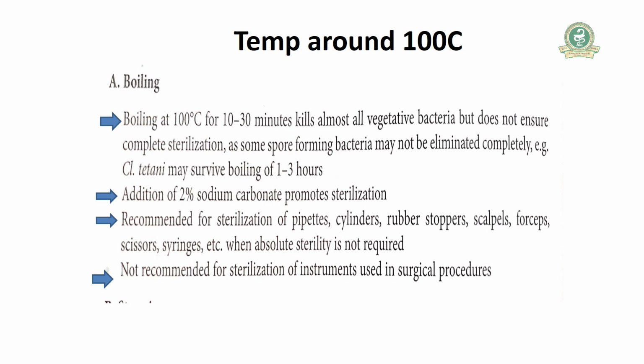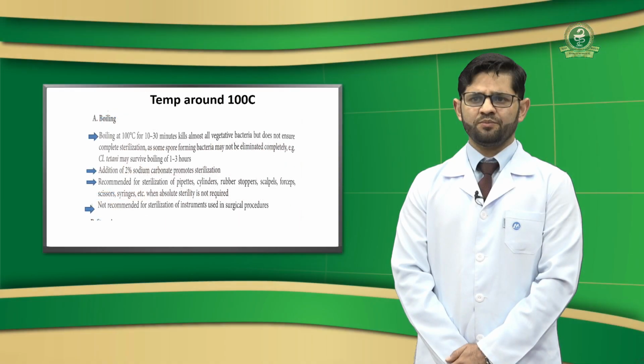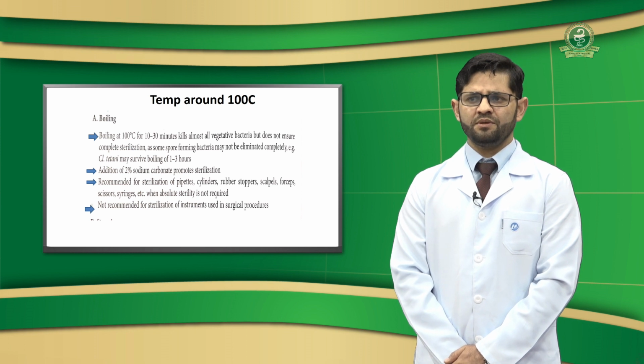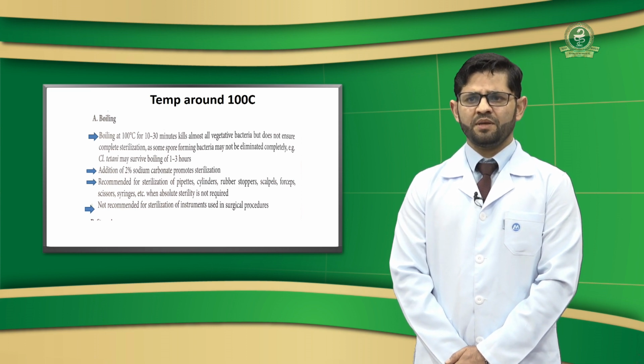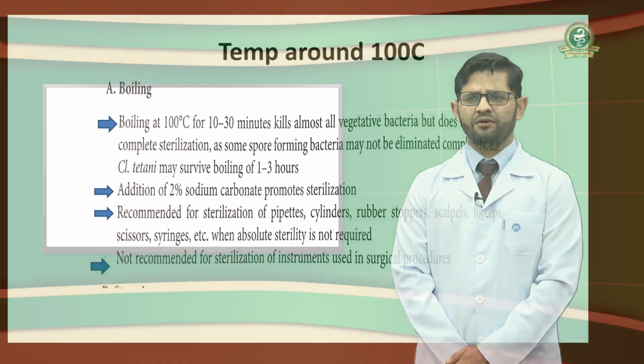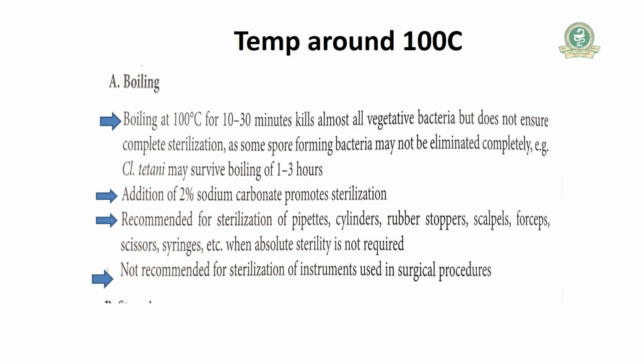Boiling at 100 degrees centigrade for 10 to 30 minutes kills almost all vegetative bacteria, but does not ensure complete sterilization, as some spore forming bacteria may not be eliminated completely. For example, Clostridium tetani may survive boiling for 1 to 3 hours. An addition of 2% sodium carbonate promotes the sterilization process.